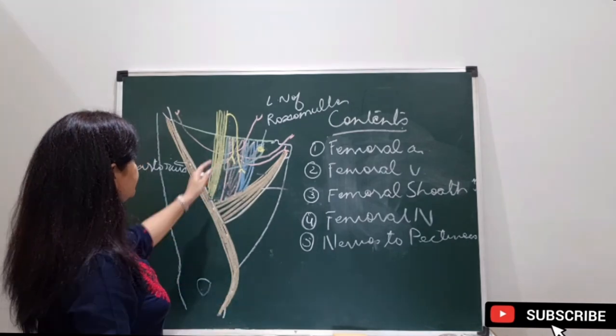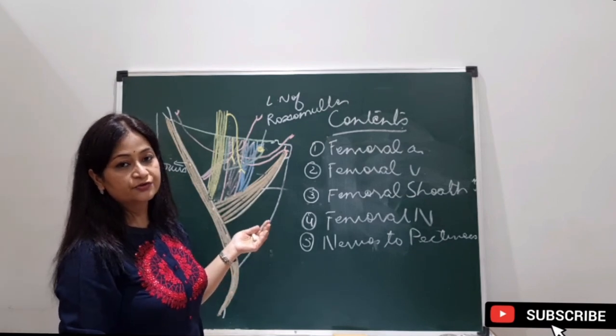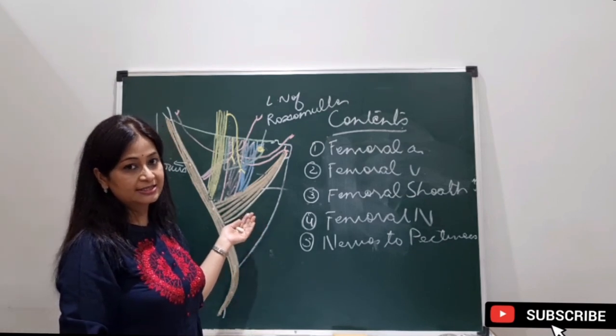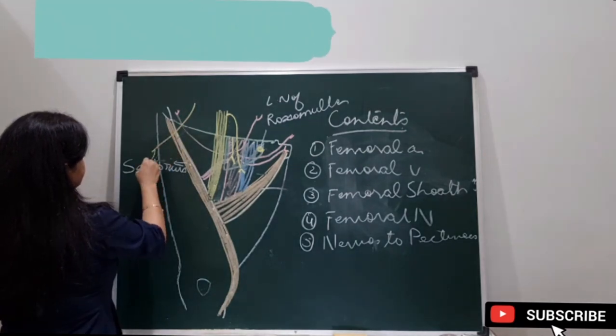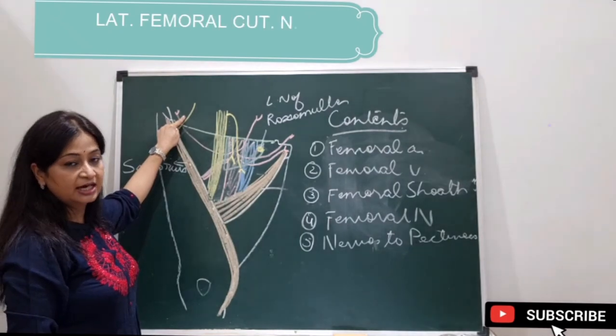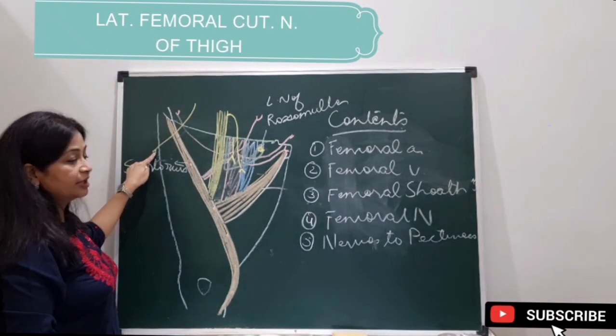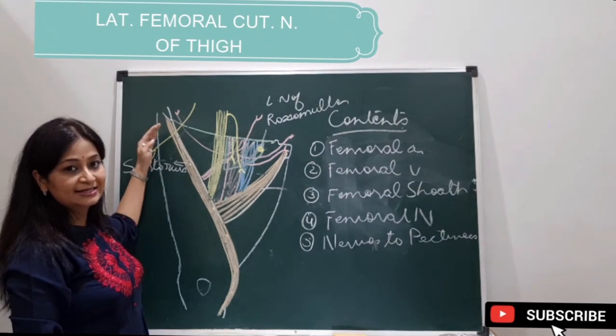Apart from that, the ilioinguinal nerve, which is basically a branch from the L1 spinal segment, and also a nerve known as the lateral femoral cutaneous nerve of the thigh, which traverses the triangle at its lateral angle.